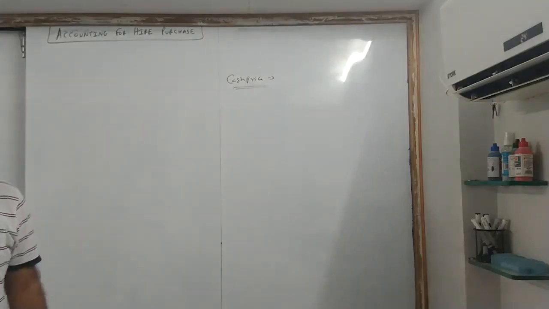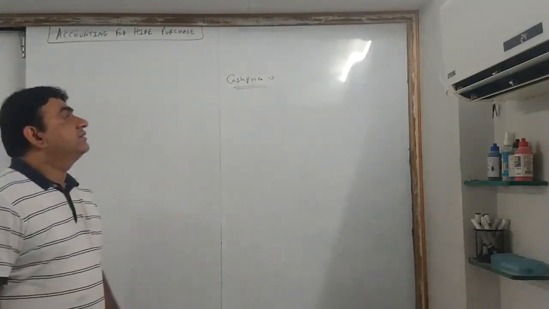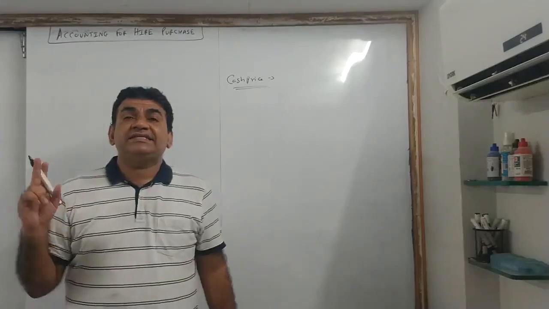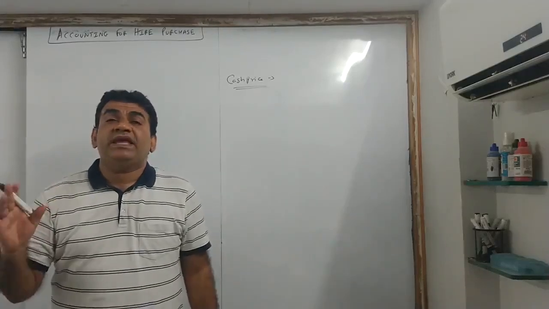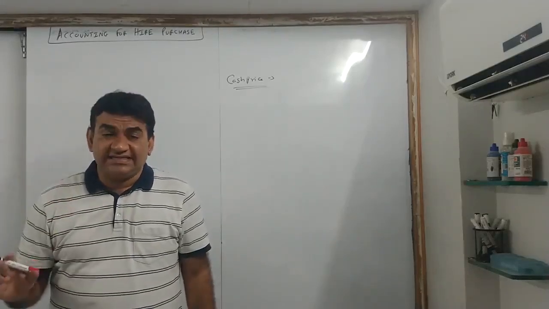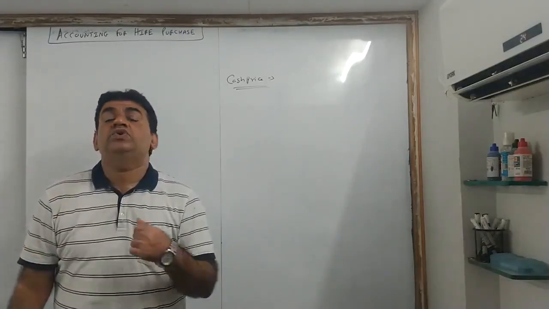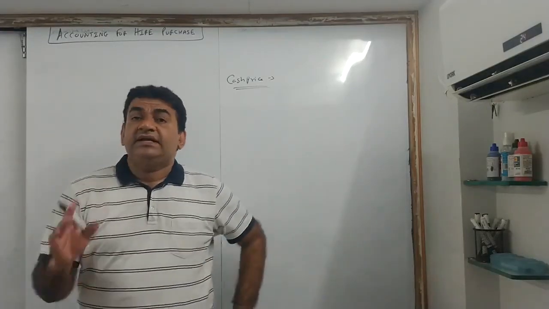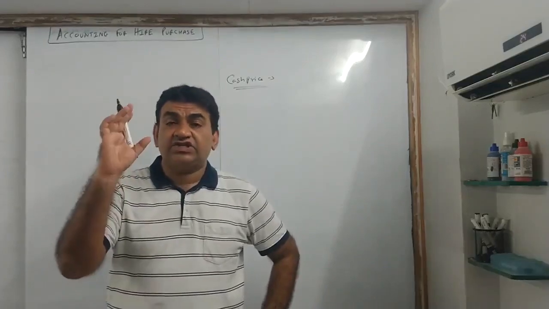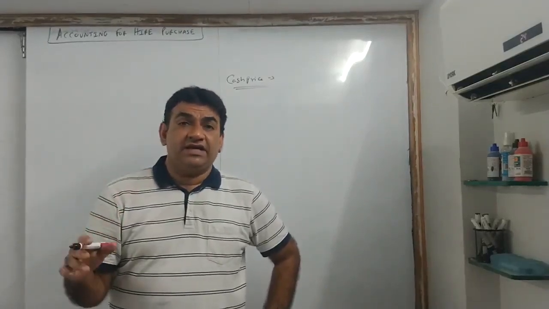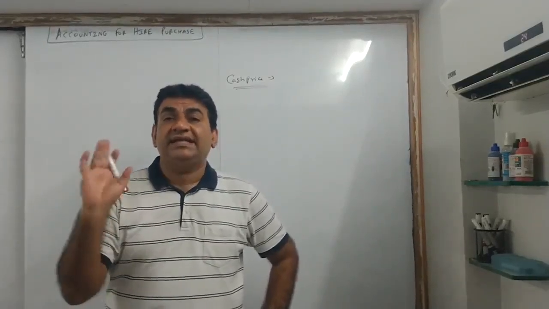What do you mean by cash price? Listen, cash price is the price which you pay for buying an asset, subject to you making full payment. It is the original price of the asset where you make the full payment and take the asset.